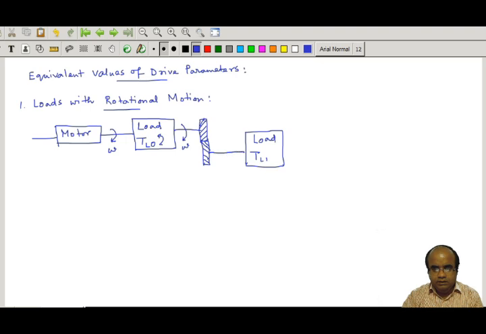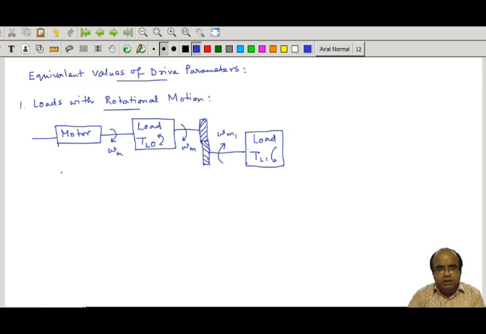Then the speed is, say, omega m, omega m1. Then the load torque will be acting opposite to the speed in this direction, correct? This is clockwise, this is also clockwise, this becomes anti-clockwise.